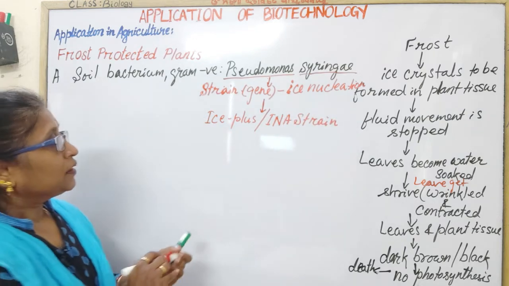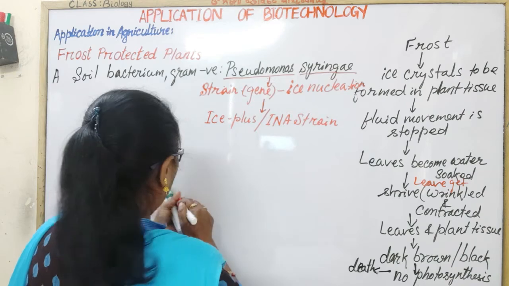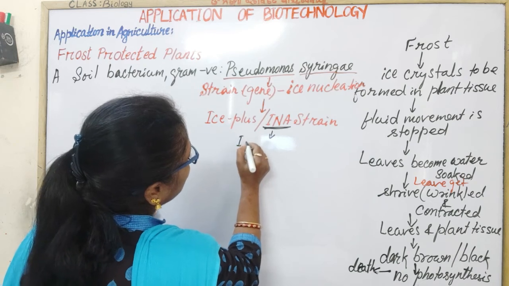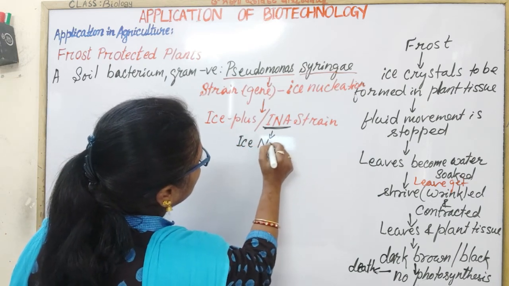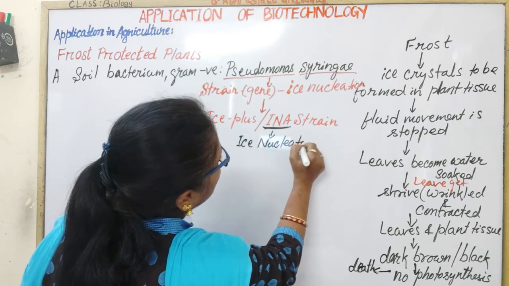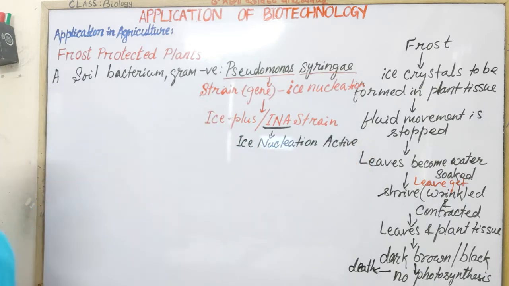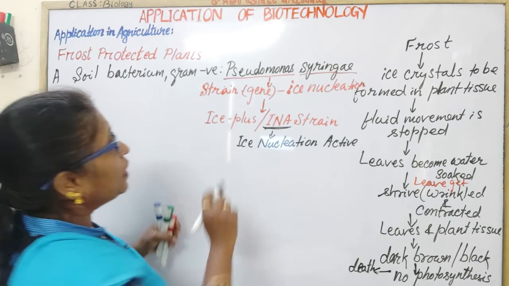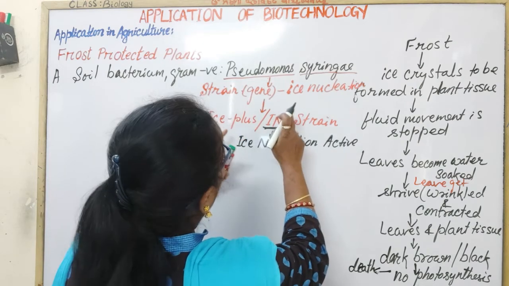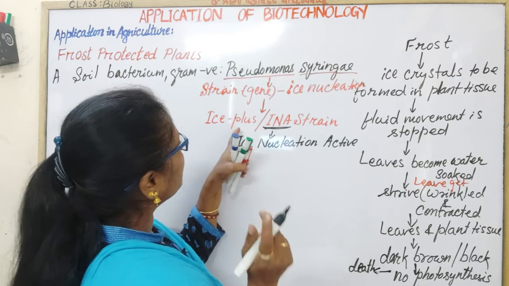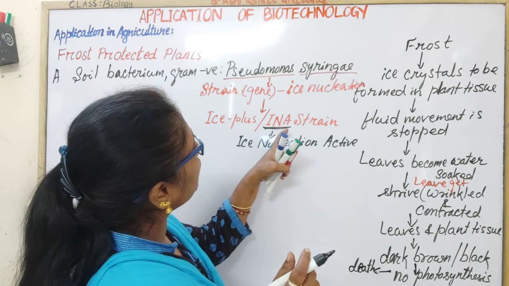INA stands for ice nucleation active. Ice nucleation active protein is produced from the INA strain. This strain causes the ice nucleation and synthesizes a protein.